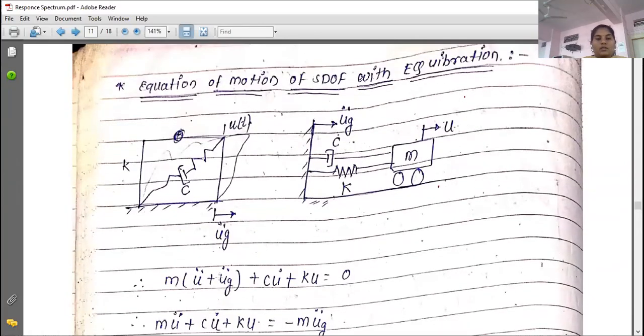Write down the next point: equation of motion of a single degree of freedom system with earthquake vibration, that is, EQ. Draw this diagram. I will wait for 2 minutes.